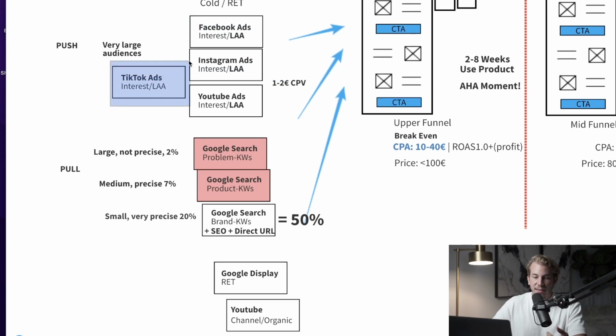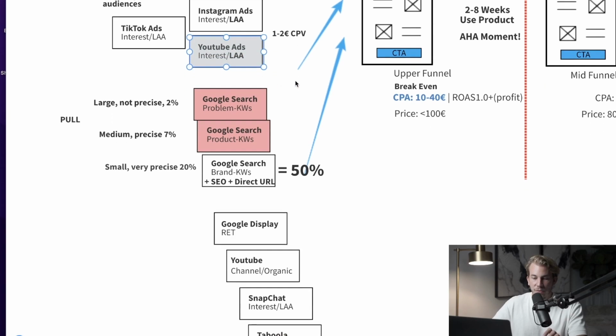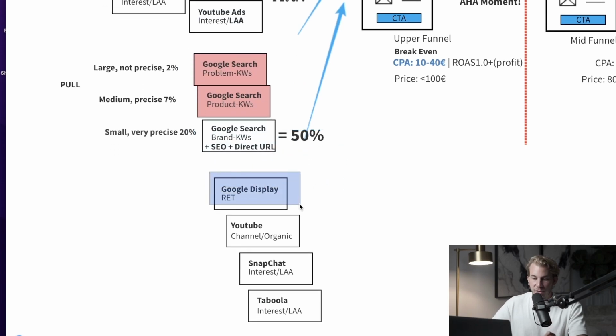TikTok ads has a very, very similar ads manager to Facebook and Instagram, which I really like. I really like the fact that TikTok just copy and pasted the ads manager design from Facebook and they use it for their platform. And it's really, really good. YouTube ads comes from the Google Ads Manager. And Google Display is also run from the same Google Ads Manager.